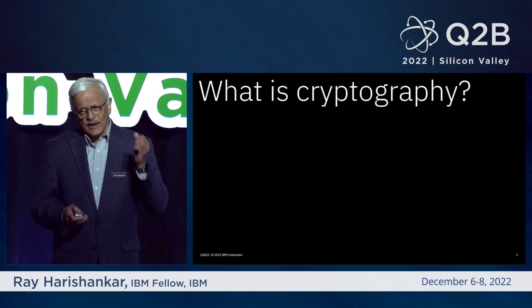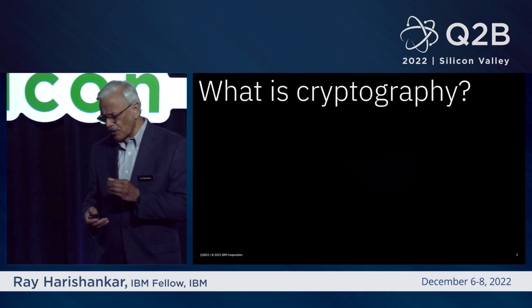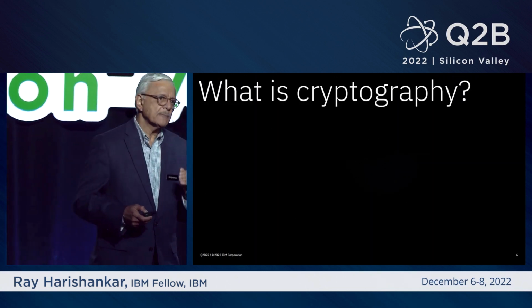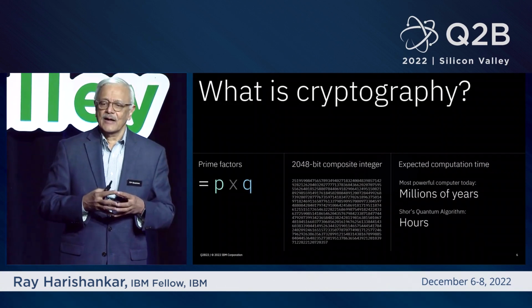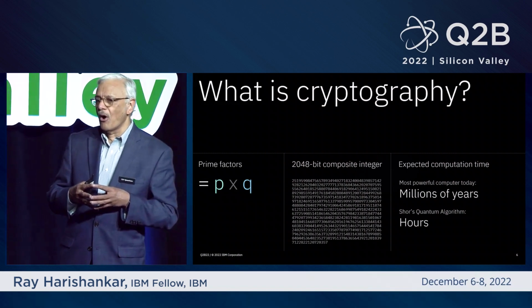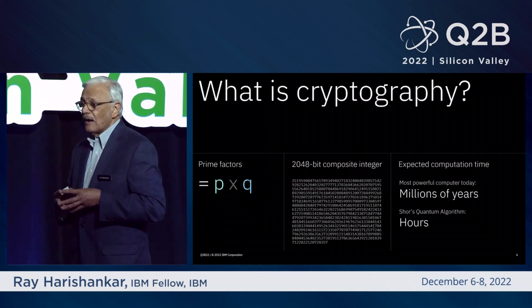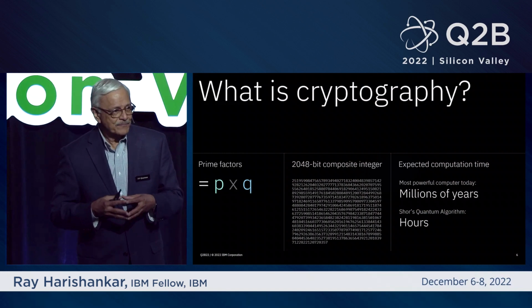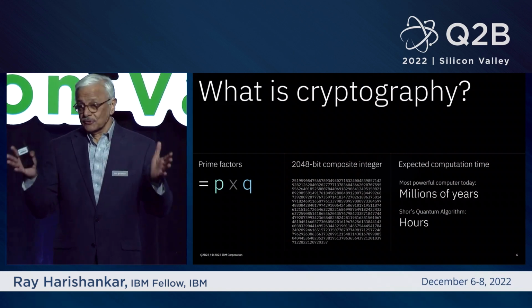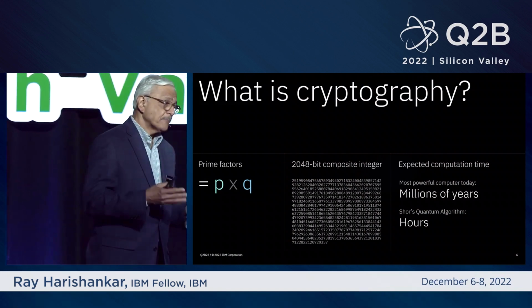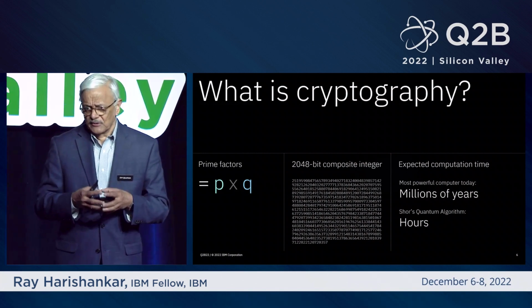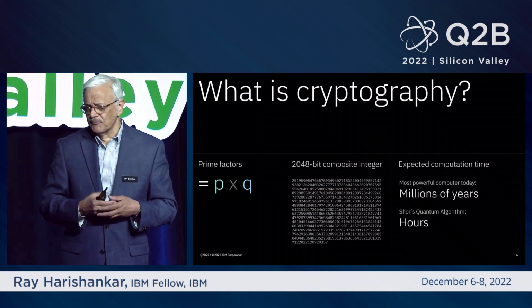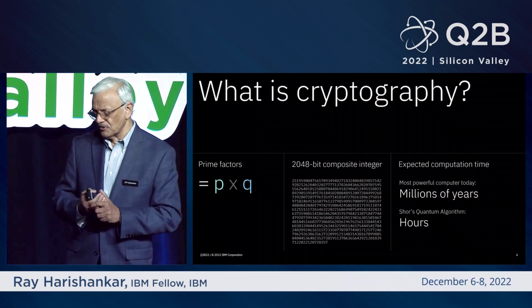Now, if you say, okay, I get it conceptually, what is this cryptography? Cryptography is nothing but math problems, difficult math problems that a classical computer or a quantum computer has a lot of difficulty solving, right? And you guys know this. And one of the key such math problems is prime factorization, or integer factorization.